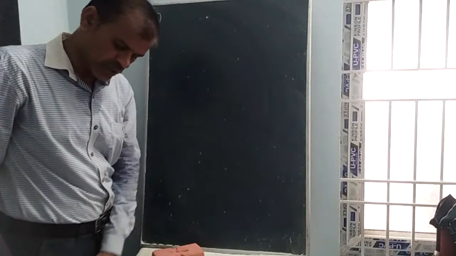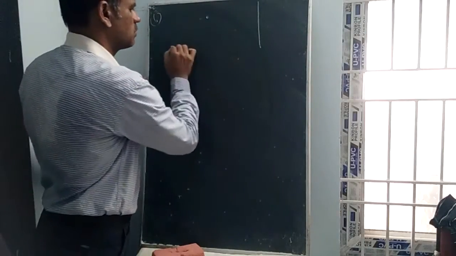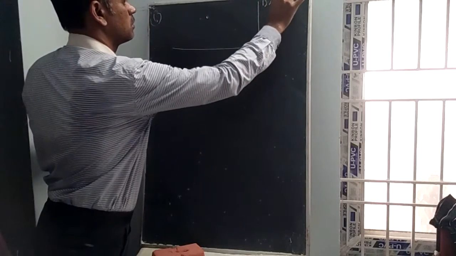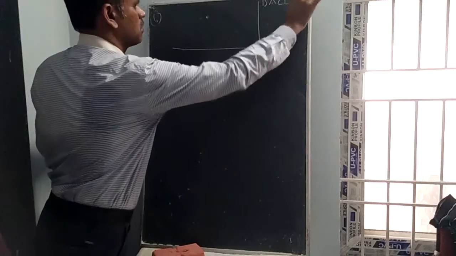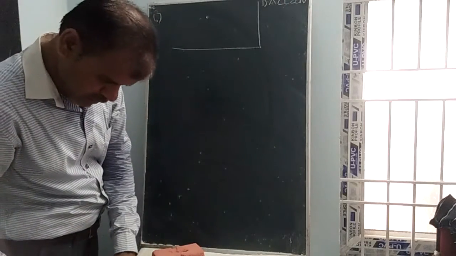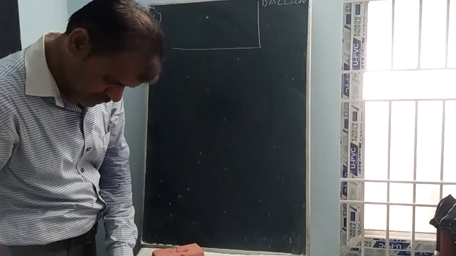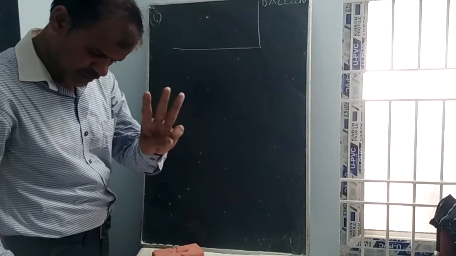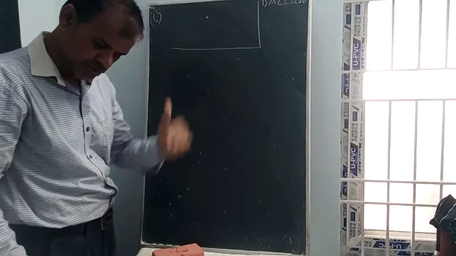A balloon is observed simultaneously from 3 points. This is the balloon. From 3 points A, B, C on a straight road directly beneath it.